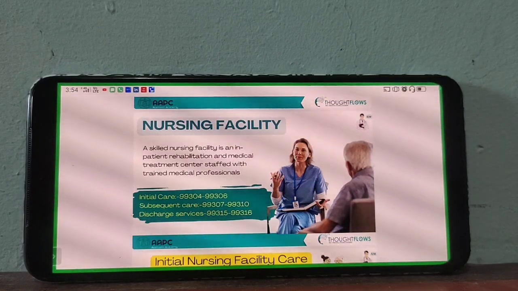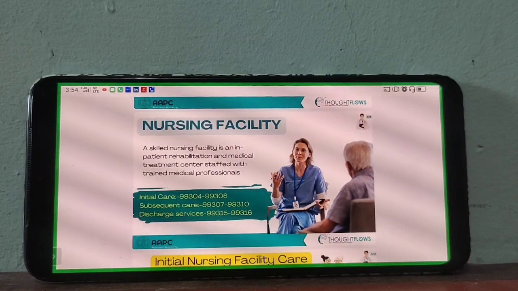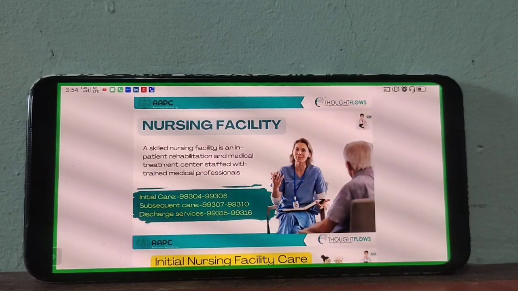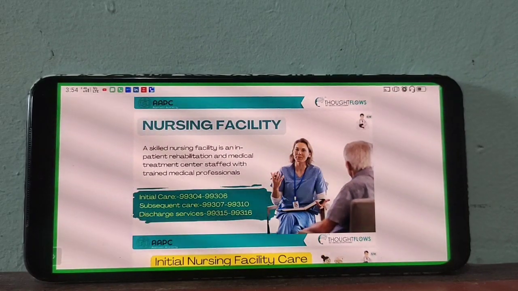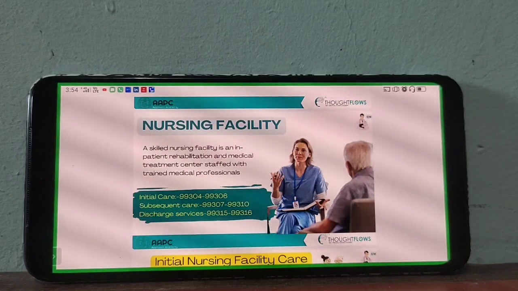In that facility, staff nurses and trained medical professionals are present.